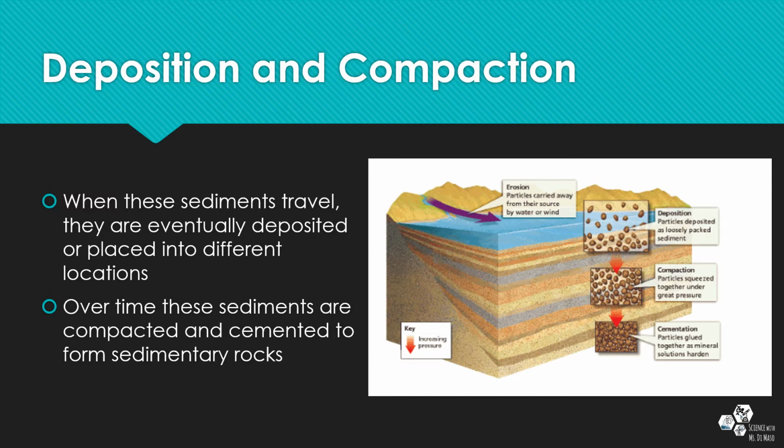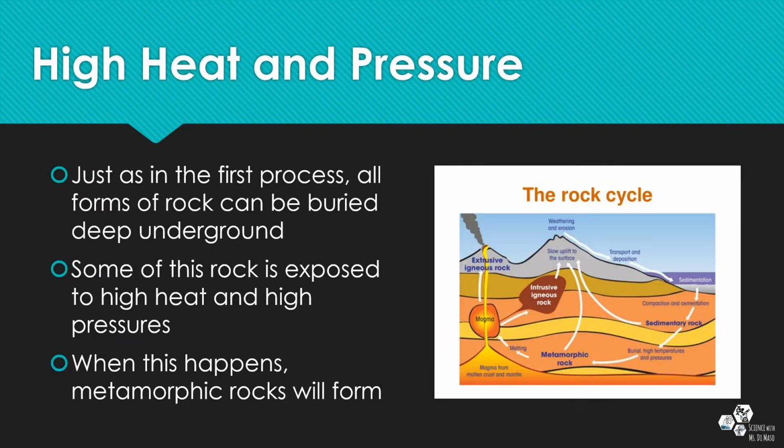Over time, all of these deposited sediments will be pressed down by the weight of all the sediments on top of them, or the weight of the water on top of them, or even the air, and this will compact them, and eventually they'll go through cementation and become sedimentary rocks. So that's how any type of rock, whether it be igneous, sedimentary, or metamorphic, can be weathered and eroded, and the particles from it can then be turned into sedimentary rock.